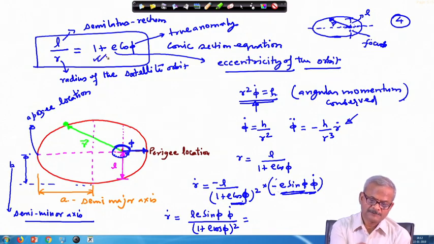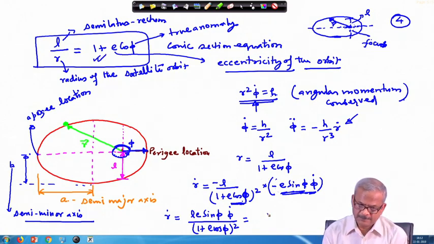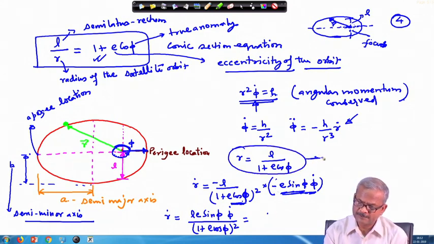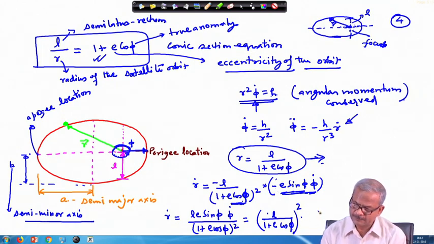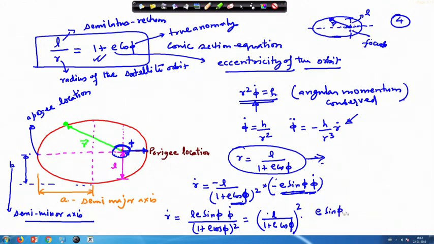Then again utilize this particular equation. We can write this as L by (1 plus e cos phi) whole square, and then the rest of the things on this side, e sin phi times phi dot, divided by L. We have divided here by L because the L square term is getting introduced here.